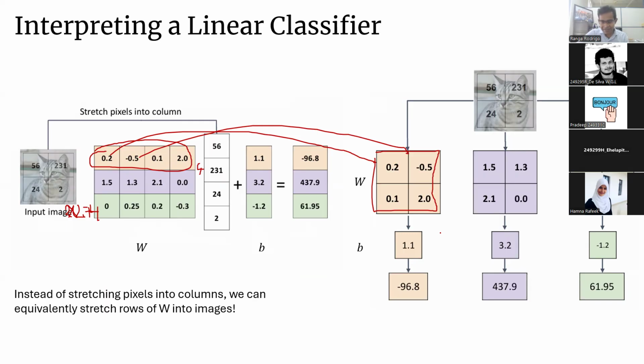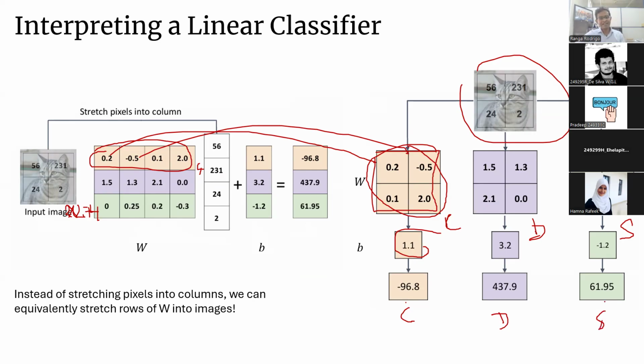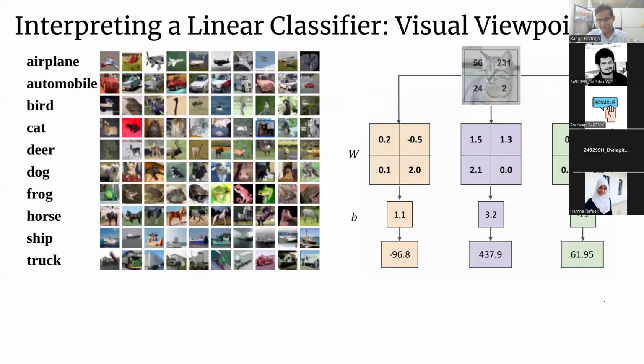And then the bias addition is there. So you take the image and multiply that by the cat template, multiply by the dog template, multiply by the sheep template, and get the cat score, the dog score, and the sheep score. You can think about it that way.